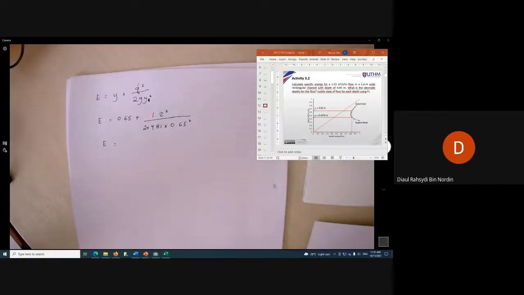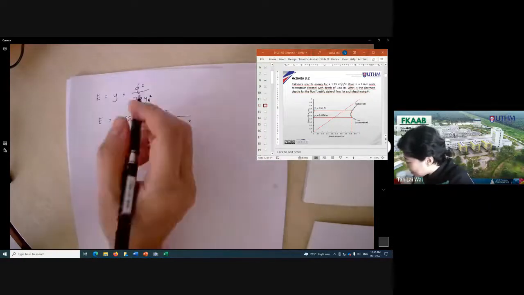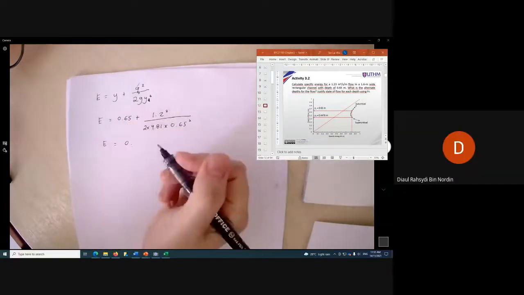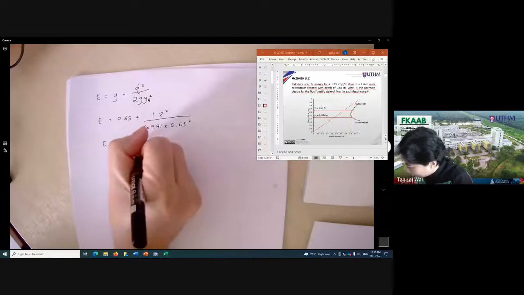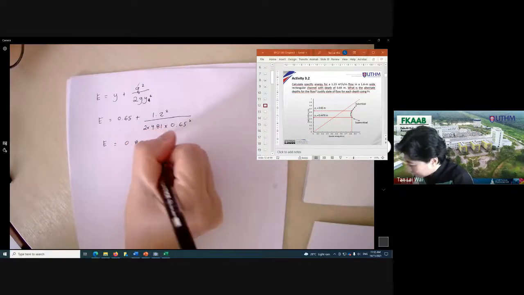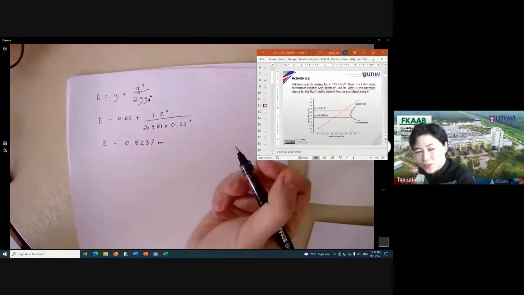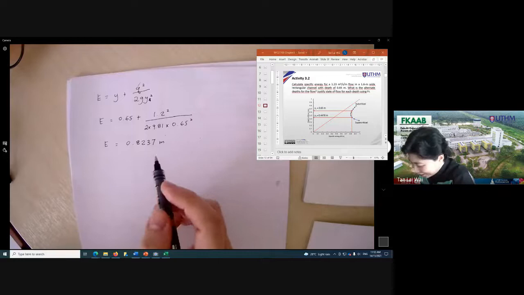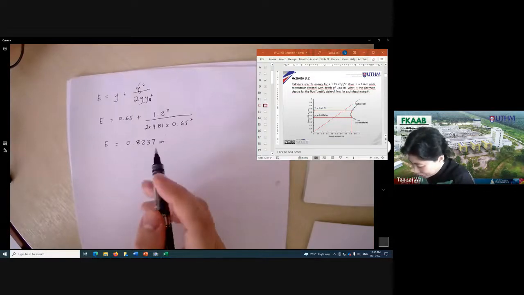Very nice name. It's 0.824, 824. I could also give the fourth significant number, which is 0.8237. Thank you. So I have those.